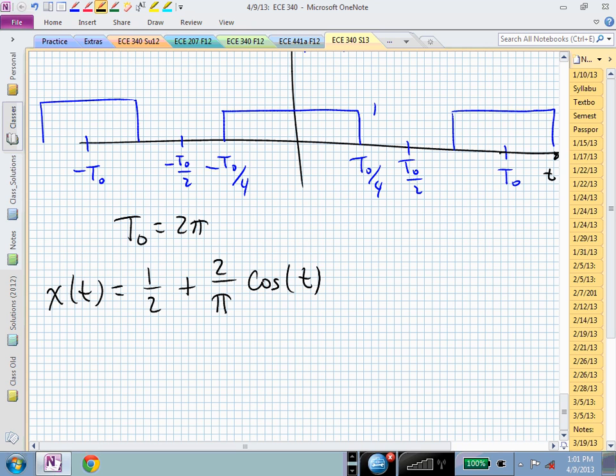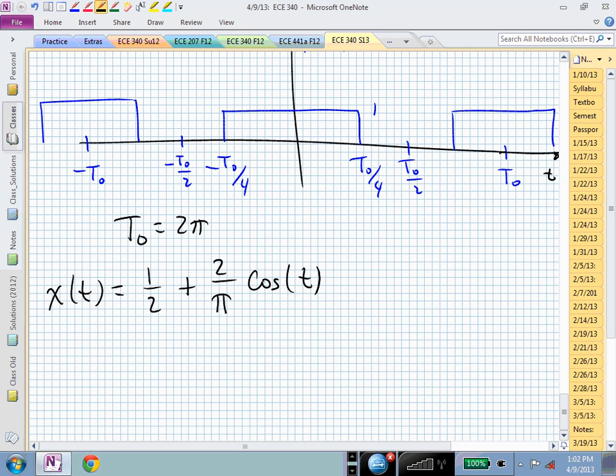Because we want our first harmonic, our fundamental frequency, to be 1 radian per second. And that's equal to 2 pi over t. So t equal to 2 pi gives us 1 radian per second for our first harmonic. And in that x of t, it's even as a function of time, wasn't it?